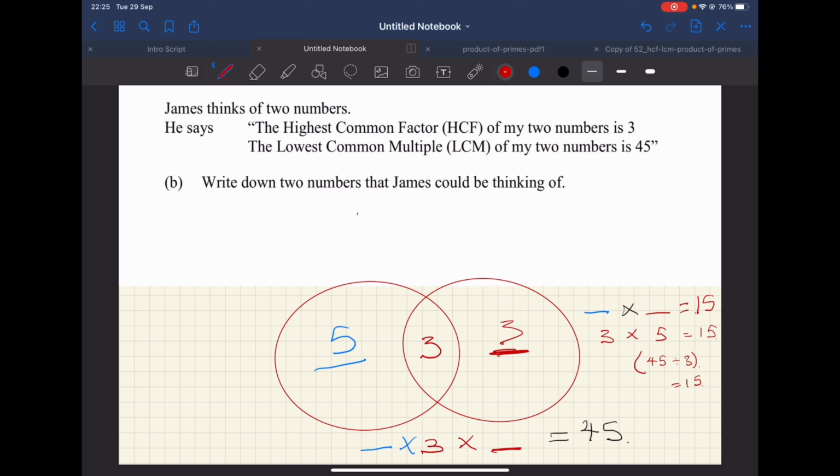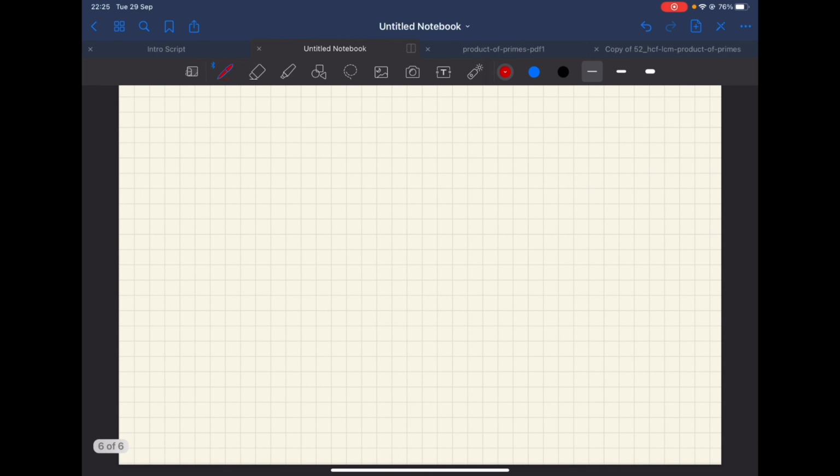The second possibility is, okay, I'll just do it on a new page. Let me draw so you see the second possibility.